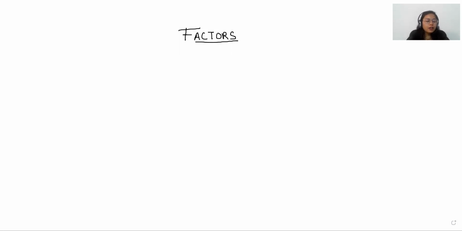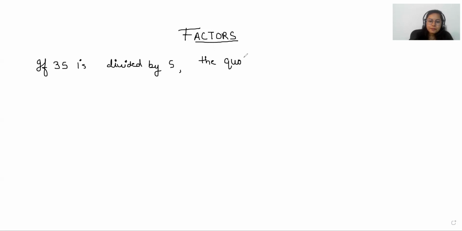A factor is this: if a number is perfectly divisible by another number, then that number is a factor of the first number. Suppose 35 is divided by 5, the quotient is 7 and the remainder is 0.